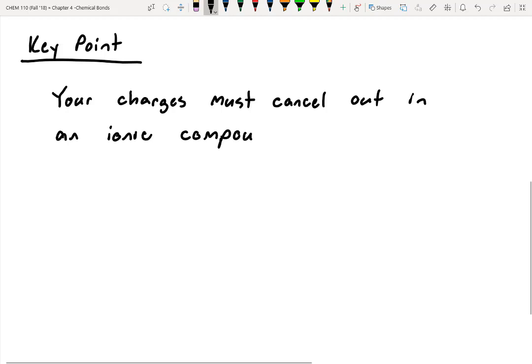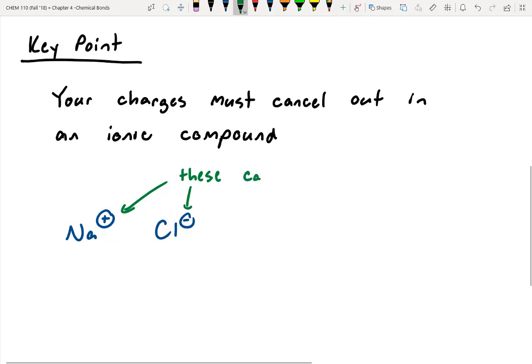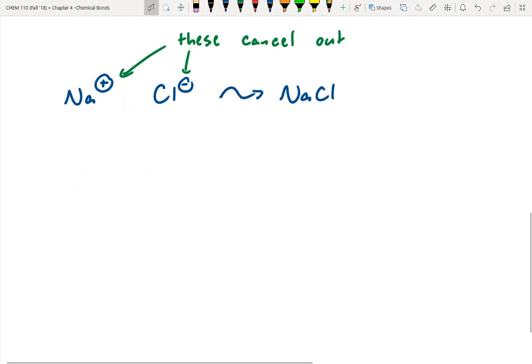So, for example, we saw with sodium that it was +1 and chloride is -1. These charges cancel out. And when they cancel out, that means we wrote everything correctly, and the overall compound would be represented as NaCl. All right, but it does get trickier with harder compounds. So let's do some practice.